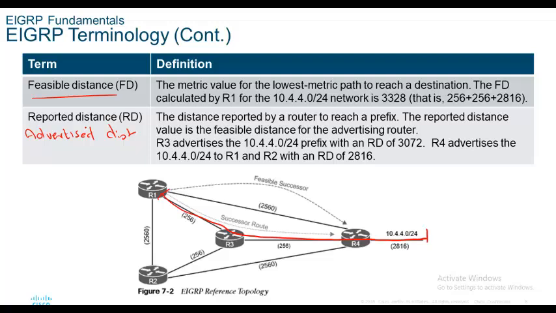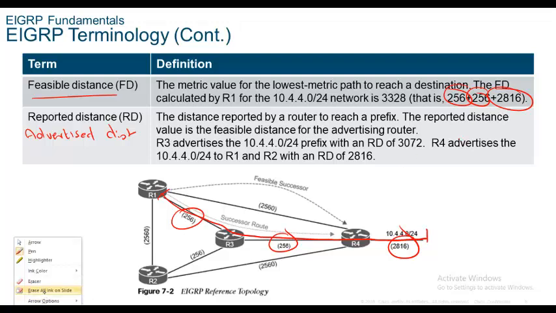Now, what is advertised distance or reported distance? The metric from the next hop to the final destination, which is 256 plus 2816. What is the value?